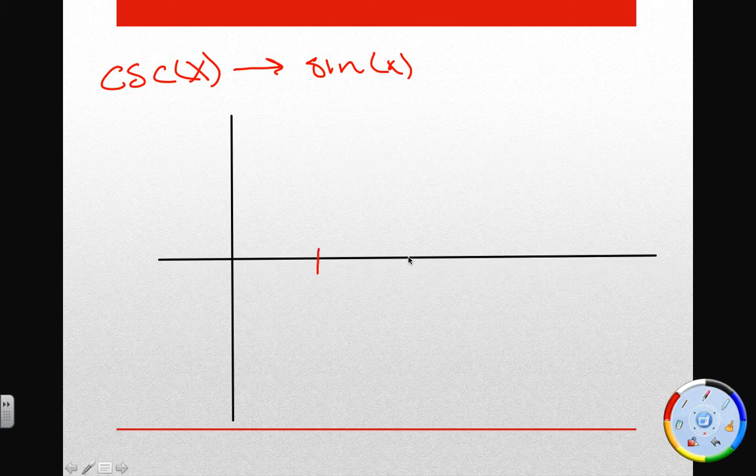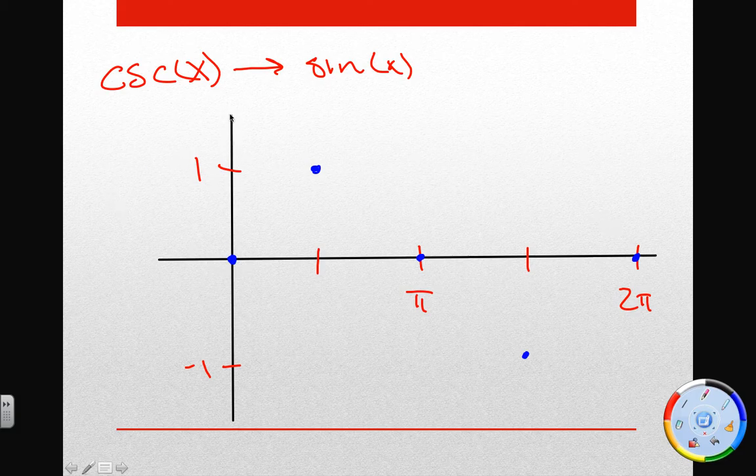I'm going to go to pi halves, pi, 3 pi halves, and 2 pi, up to 1 and down to -1. Sine looks like this. Goes to the 0, goes up, 0, down, 0. I'm not going to draw sine because that's kind of pointless. It's not necessary. I just need to use those dots.